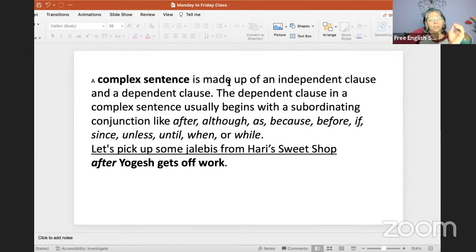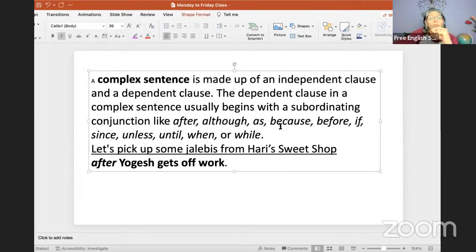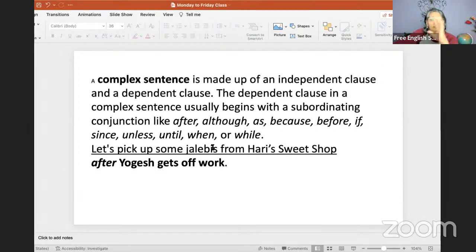But right now, I'm just talking about the dependent clause in a complex sentence, which usually begins with a subordinating conjunction like after, although, as, because, before, if, since, unless, until, when, or while. But we're going to talk about these later, not today, because our focus is who and whom, right? So stay tuned and you will be learning everything.